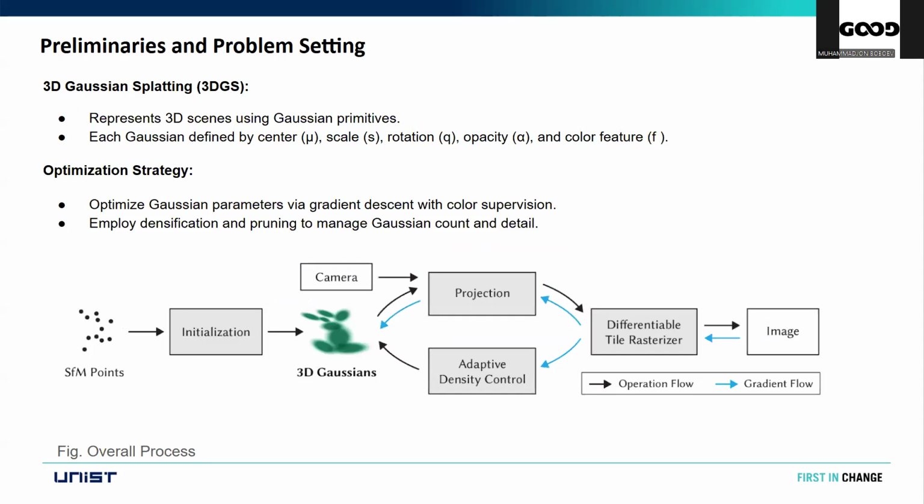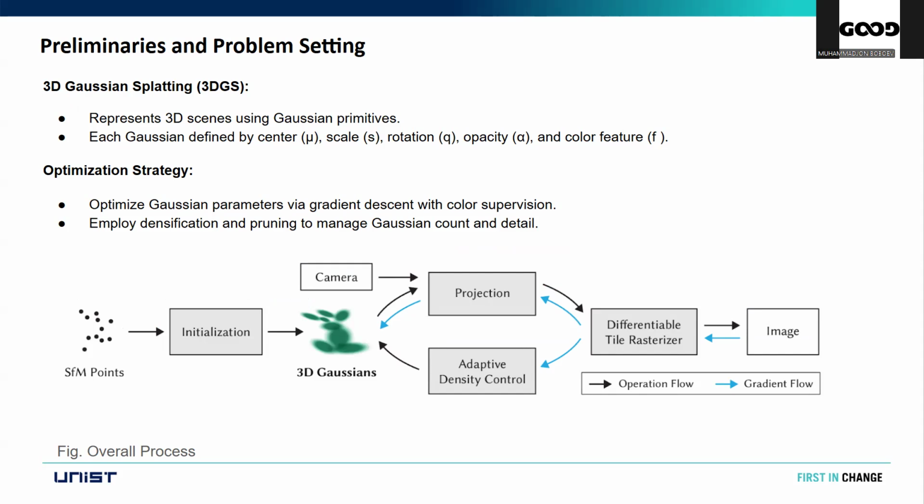Since this paper used 3D Gaussian splatting as a preliminary, let's look roughly at what 3D Gaussian splatting is doing. 3D Gaussian splatting is basically a way to represent a scene using Gaussian primitives.